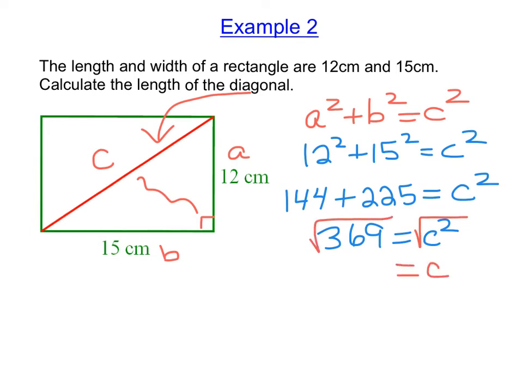We get C equals, now on my calculator, the square root of 369 is 19.209. So I'm just going to round that to 19.2 centimeters. It's the longest side of my triangle, so that's right. And 15, 12, and 19 sounds like that would be a reasonable triangle. So my answer is reasonable.